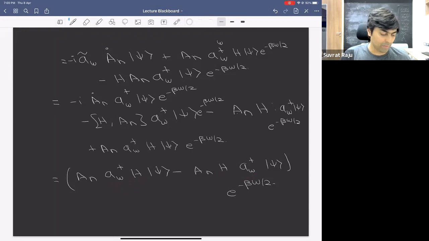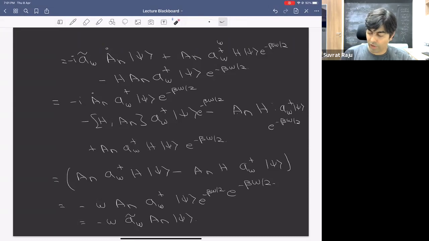This is just the commutator of, or rather the commutator of a omega dagger with h. And so this is something that we know, and we just use the fact that this is equal to minus omega into an into a omega dagger into psi into e to the minus beta omega by 2. But now this we can write as we had earlier as minus omega into a omega tilde into an psi.